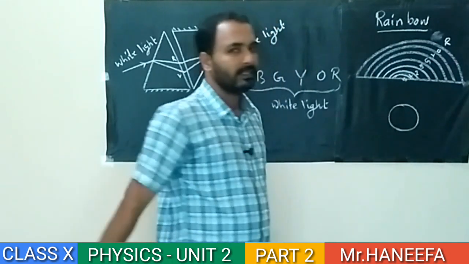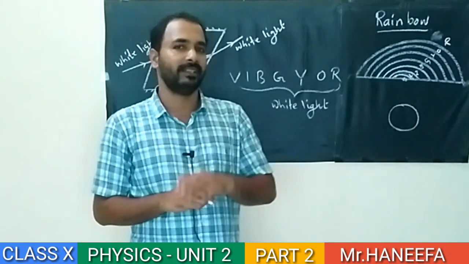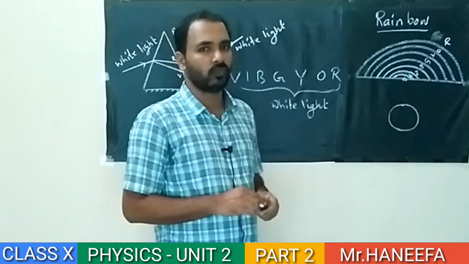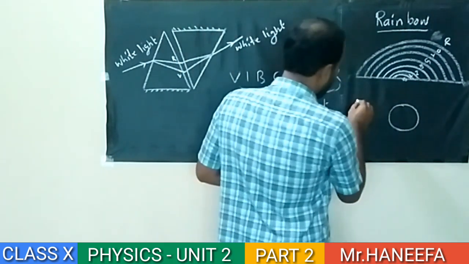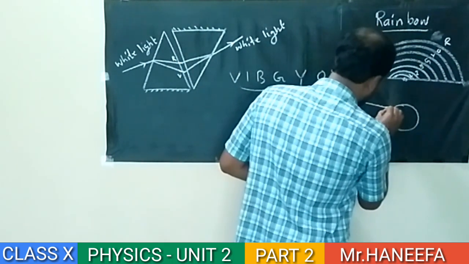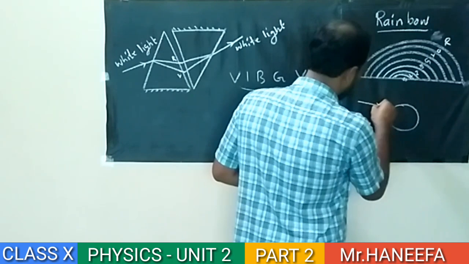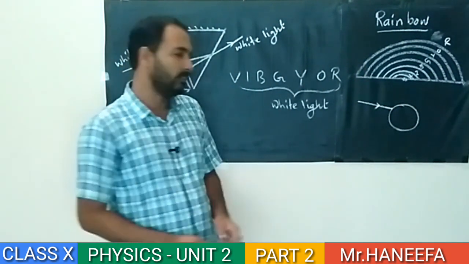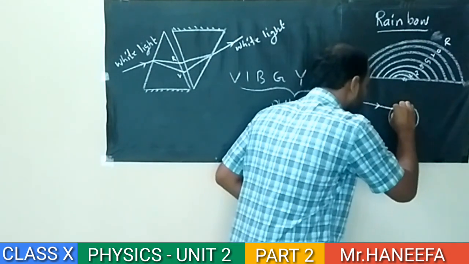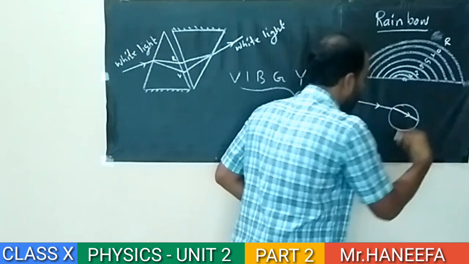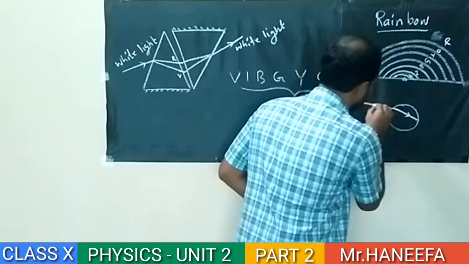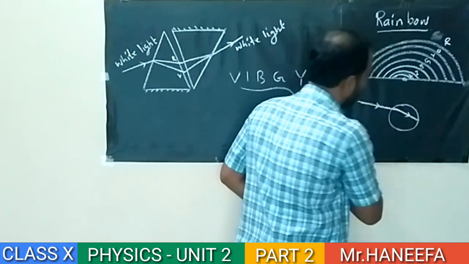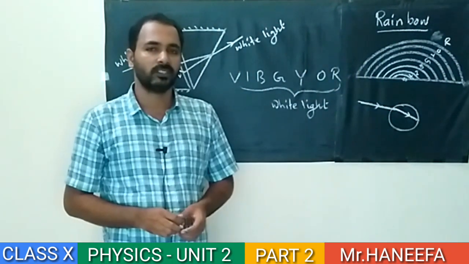We consider a small water droplet in the atmosphere. The sunlight from the sun falls on these water drops. It undergoes refraction.